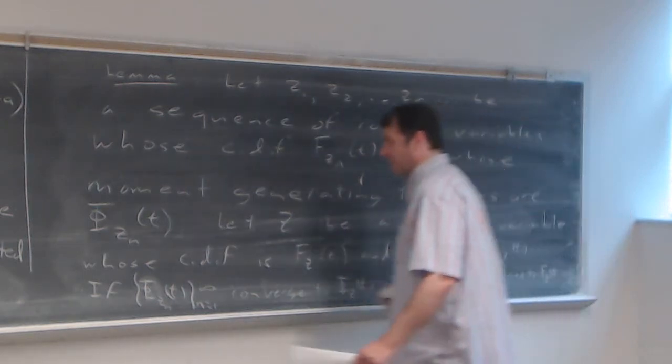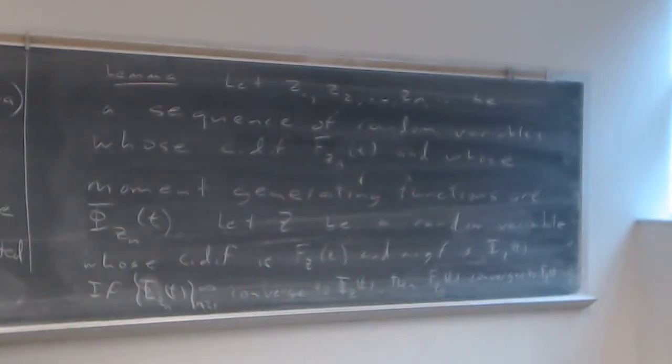There's a little bit more to be written there. It's for all t where F sub Z of t is continuous.